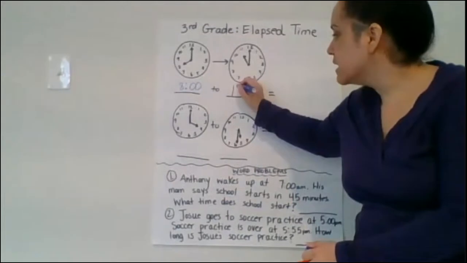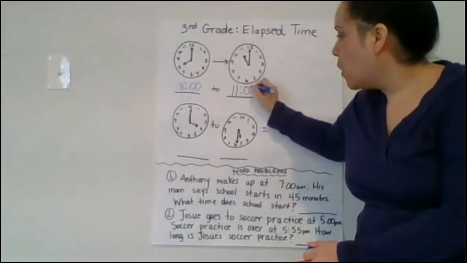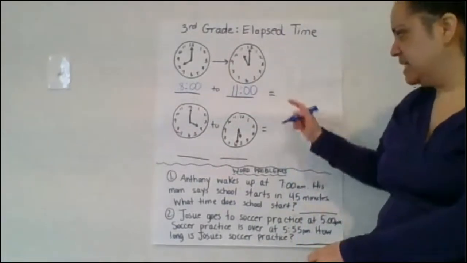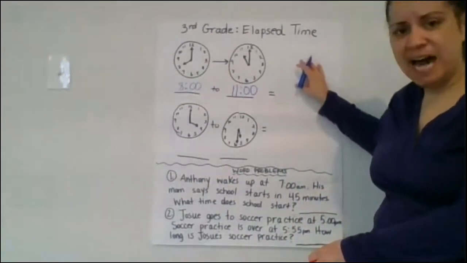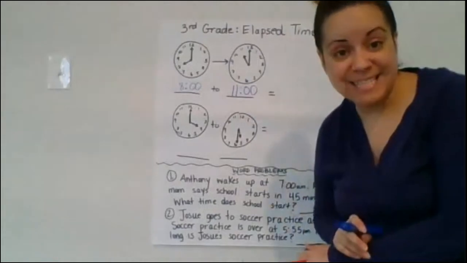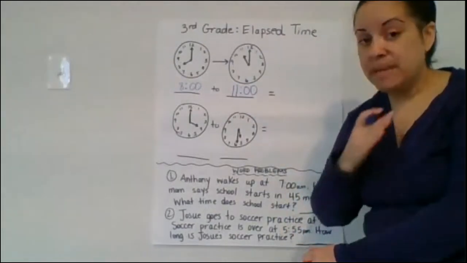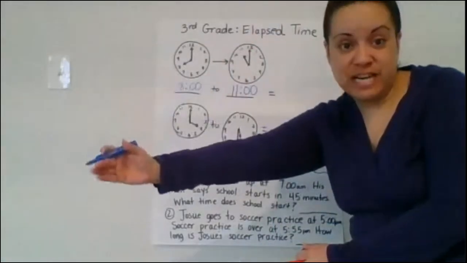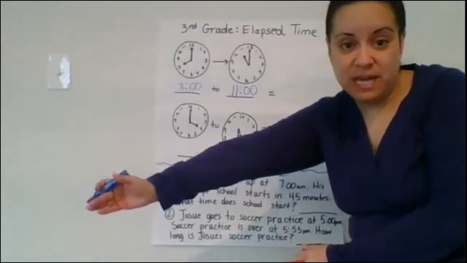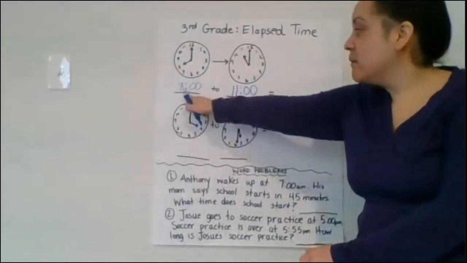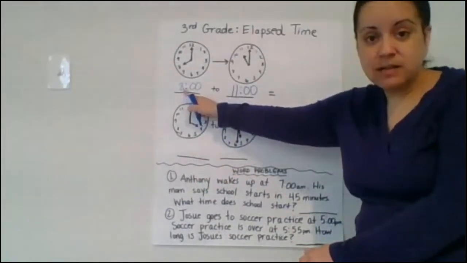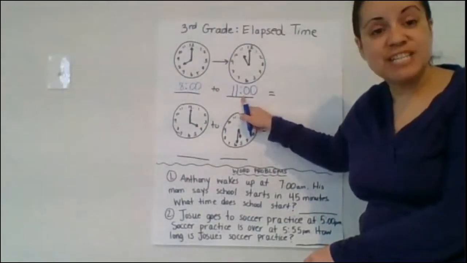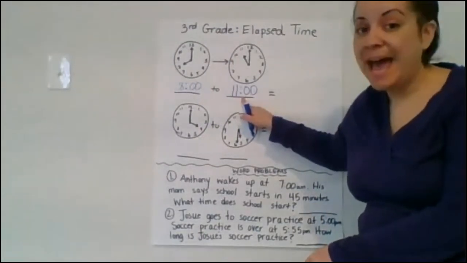So this clock is 11 o'clock. Now, my question is, how much time has passed? Passed means to go from one place to another and you're finished. You passed the time. So if we started at 8 o'clock and we finished at 11 o'clock, how much time has passed?